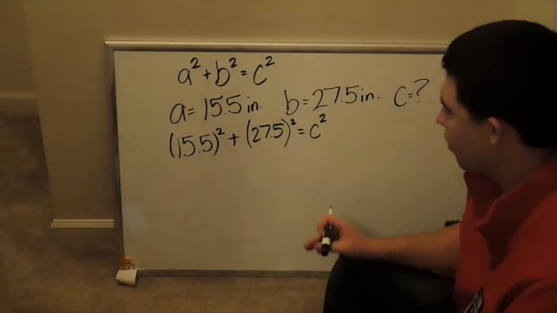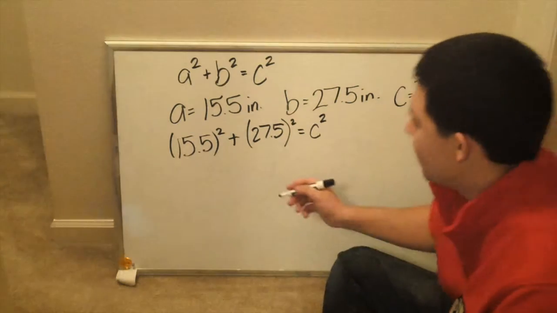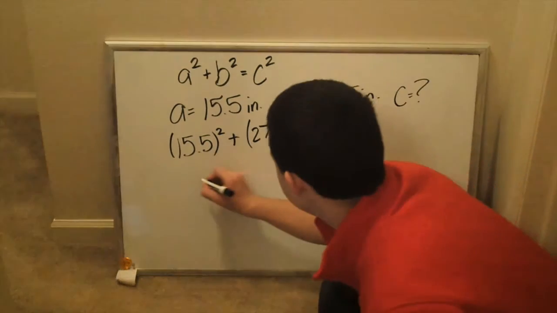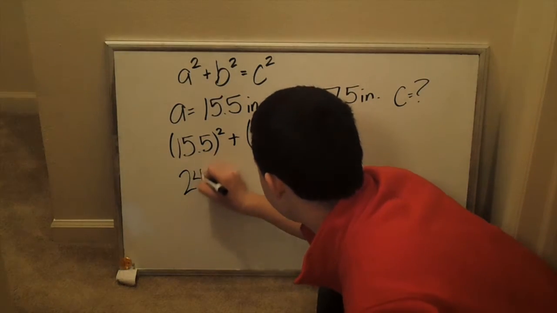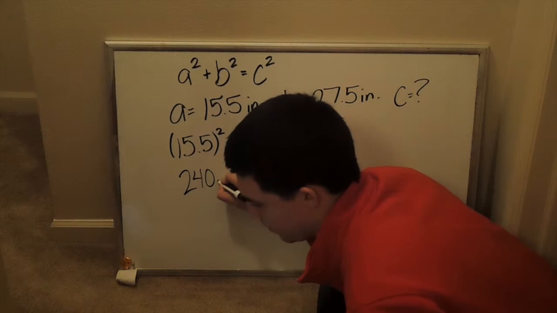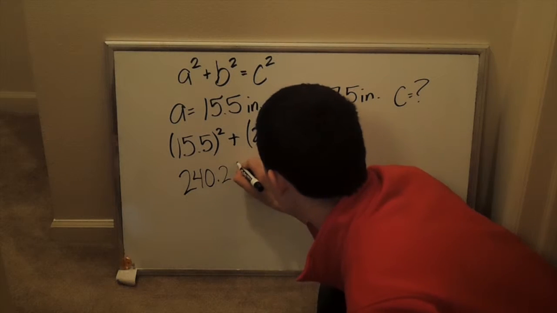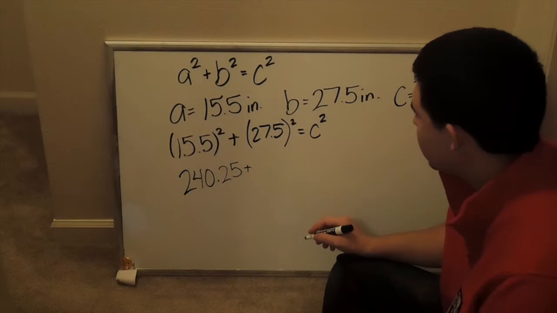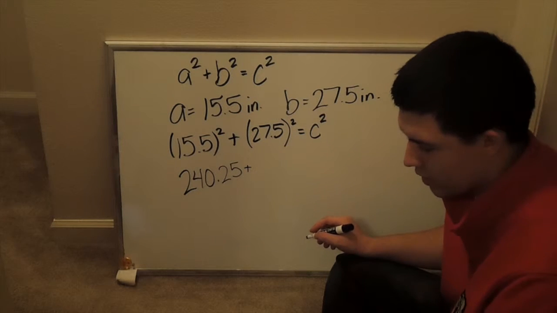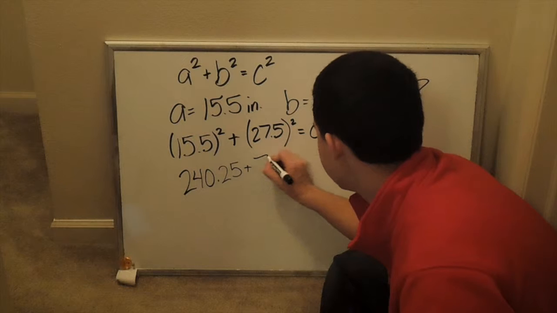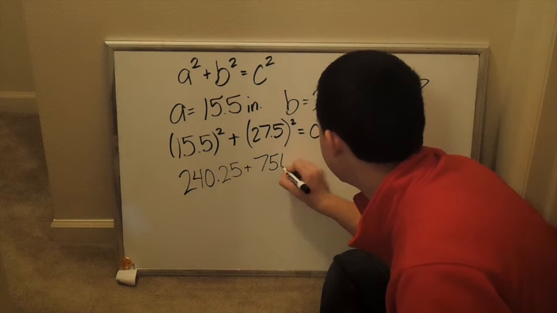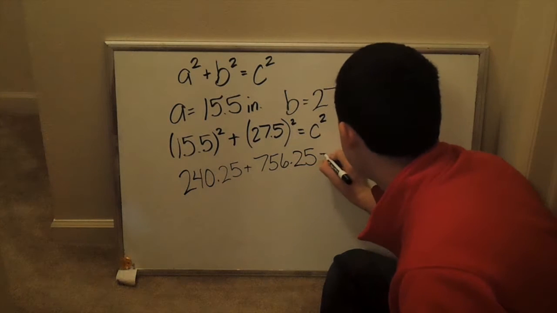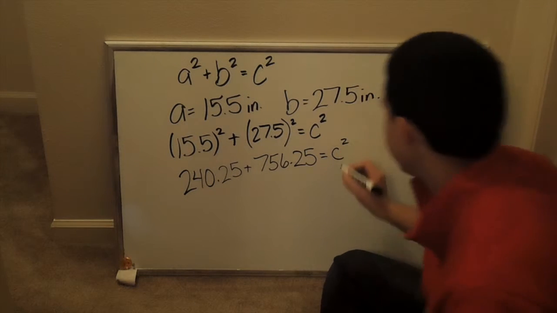And so as we go through and calculate these, you're going to find that 15.5 squared is equal to 240.25, plus 27.5 squared, that is 756.25. So that's going to equal our c squared value.